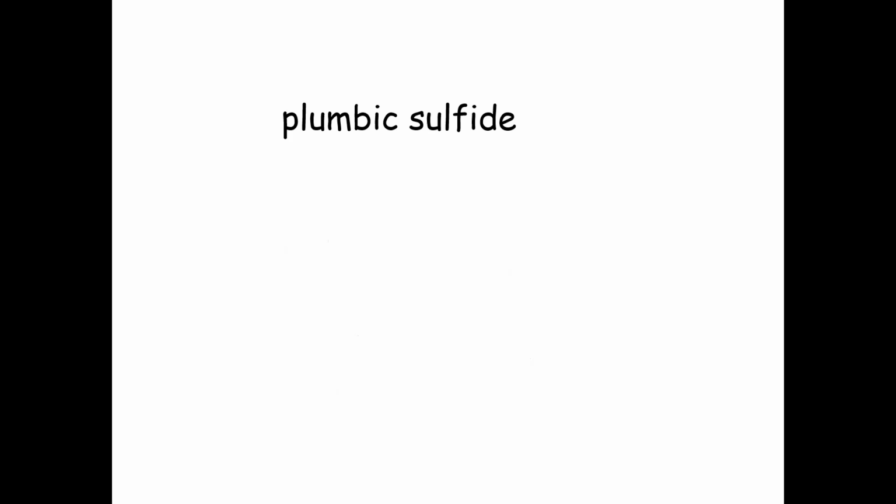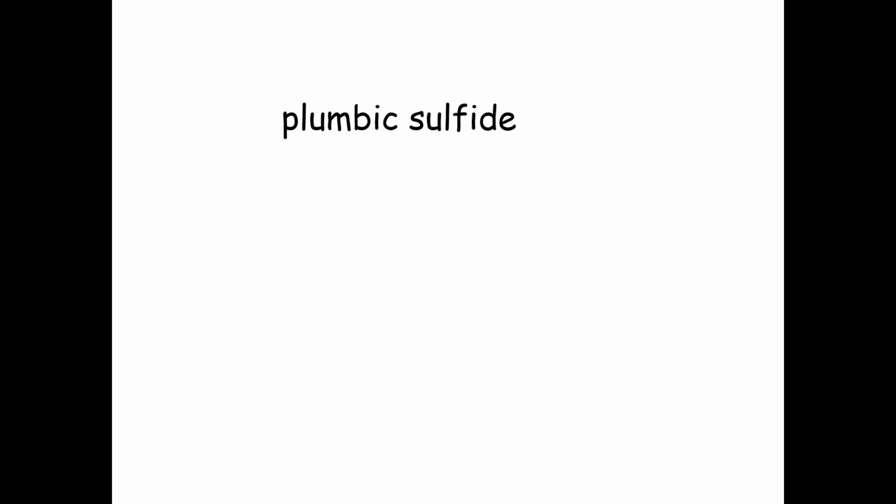And for my last example, I've given you the chemical name plumbic sulfide. I've thrown you a bit of a curveball here because I've used the classical system of naming for this compound. Originally called plumbum to represent lead, the ending ic is indicative of the higher charged ion for that element.